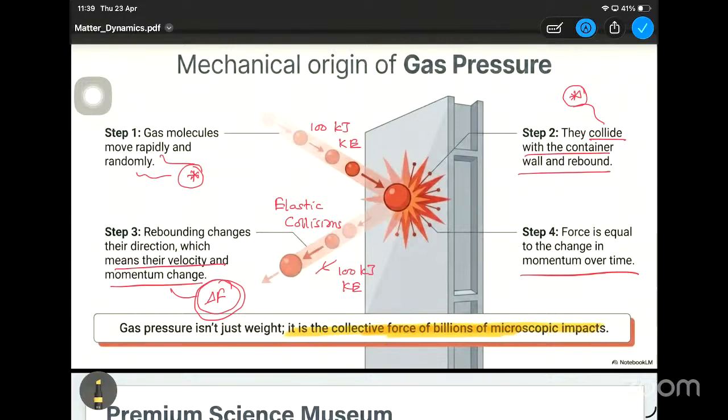At the macro level, there will be billions of particles colliding at every millisecond, but the final value will be the output of all the billions of impacts. Okay.